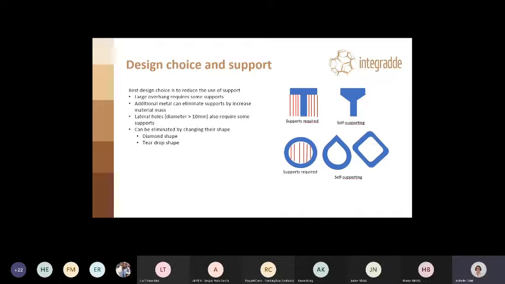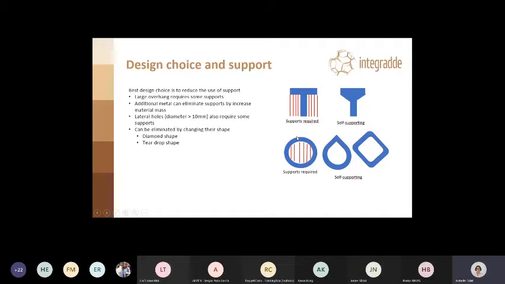So you have to select the best design before printing the piece in order to reduce or eliminate the need for supports. Keep in mind that different designs with different geometries are possible with no supports. For example, large overhangs always require supports, but in case you add some metal, you can remove the supports.